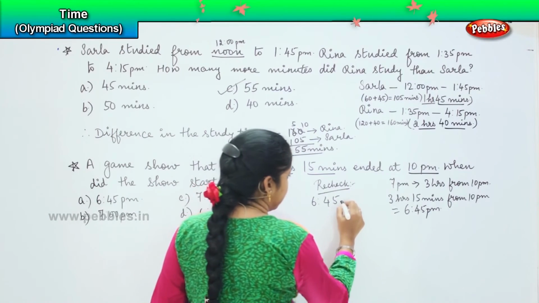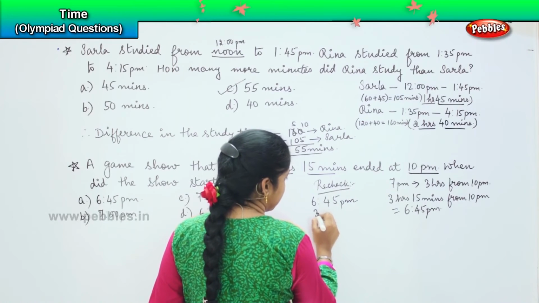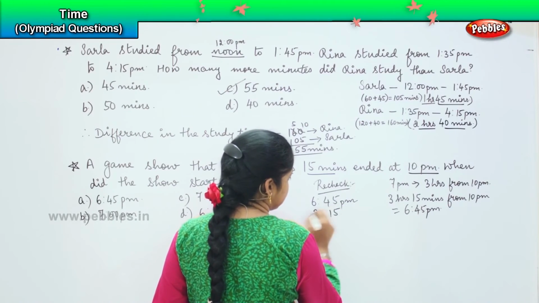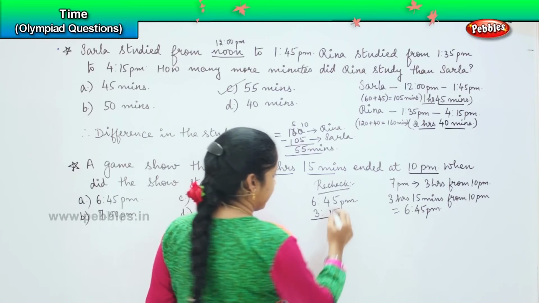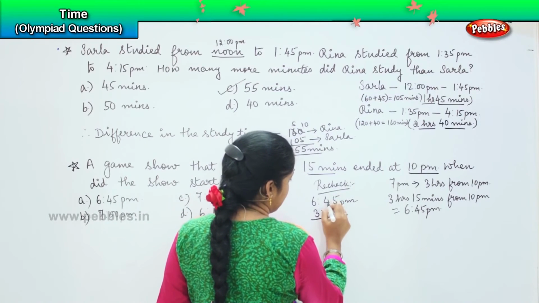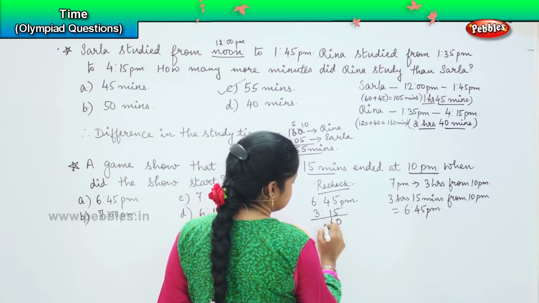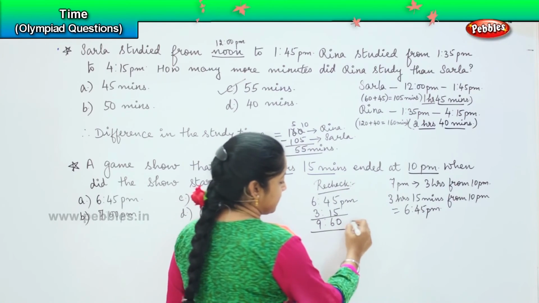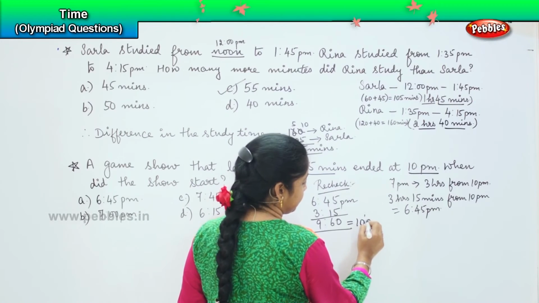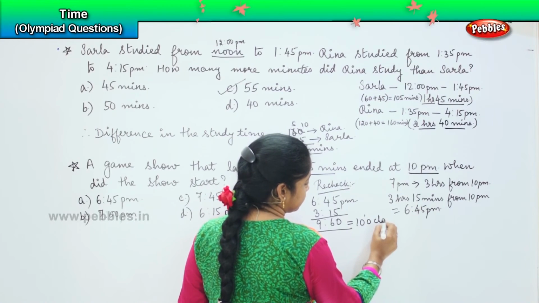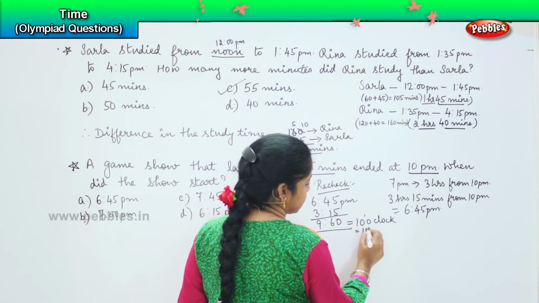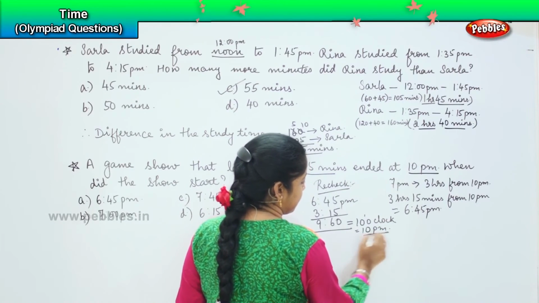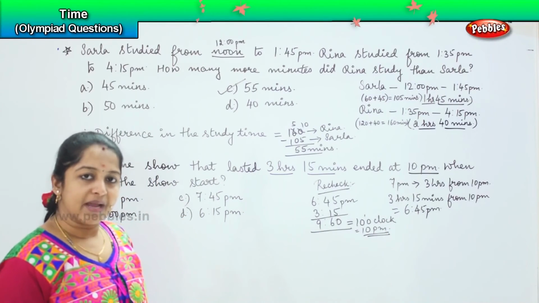So now it lasted for how long, children? 3 hours and 15 minutes, right? So if I add, 1 plus 4, 5, 5 plus 1, 6 and 9 plus 60. So 9 hours 60 minutes is nothing but 10 o'clock, which is 10 p.m. So which means that my answer is correct.